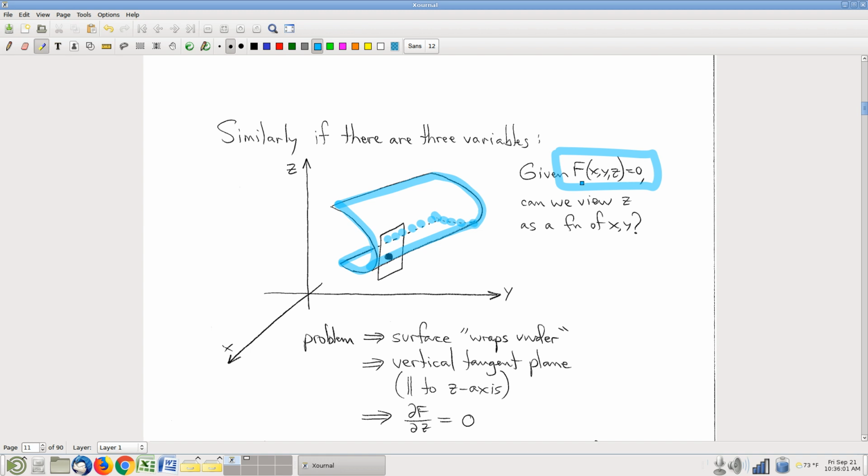Said differently, near a given point, and just to start off, let's say maybe near that point, locally, if I just want to look nearby at this piece of surface, can I view that z as a function of x and y?